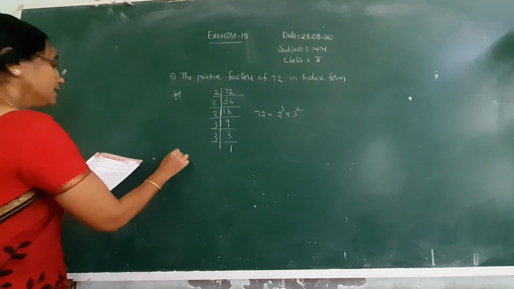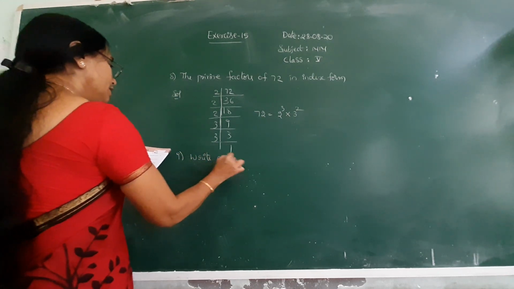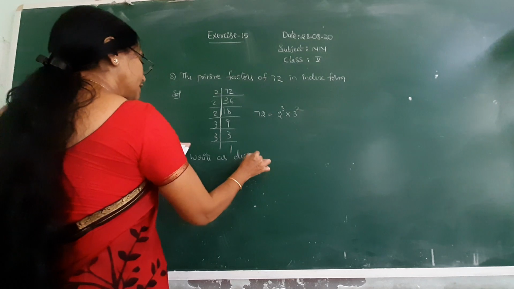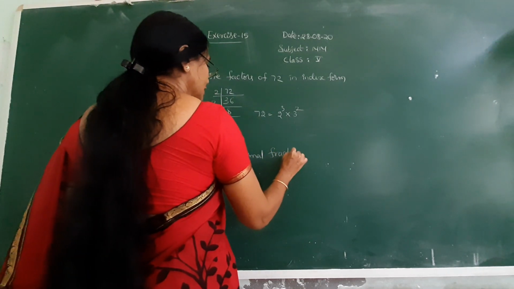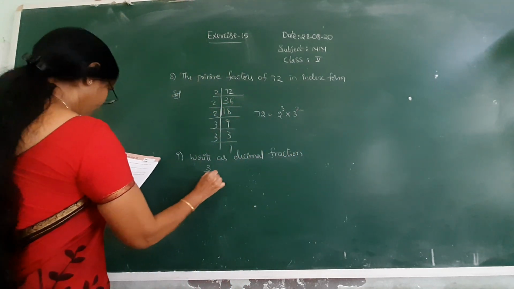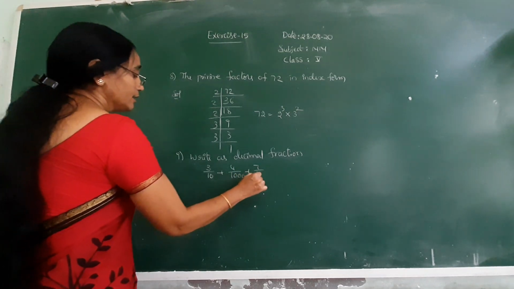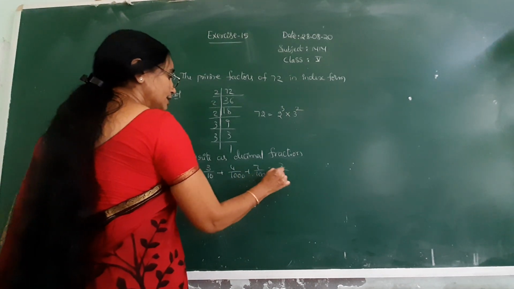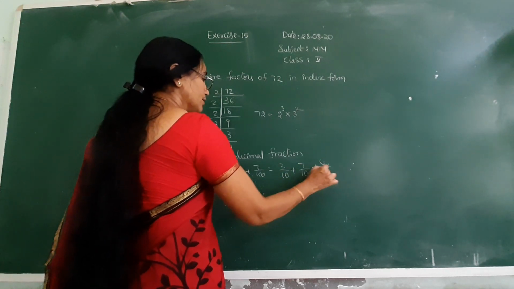And next ninth one. Write as decimal fraction. Okay, na? They are asking to write as decimal fraction. They given here 3 by 10 plus 4 by 1000 plus 7 by 100. First you have to write in order: 3 by 10 plus 7 by 100 plus 4 by 1000.